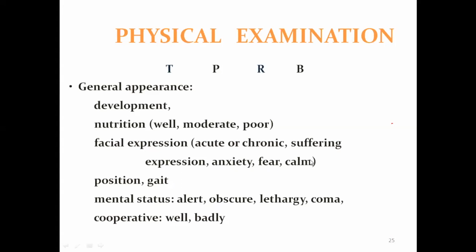All this can also tell you whether the patient's condition is severe or not severe. For example, if he is too anxious and the expressions are very bad, it means his condition is not good right now. But if he is calm, he is fine. It means it's not that severe.